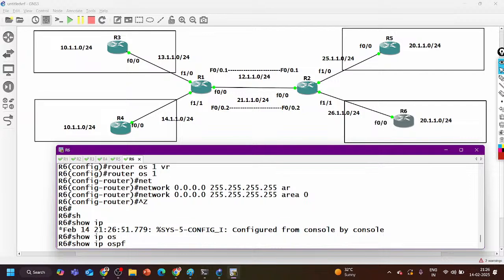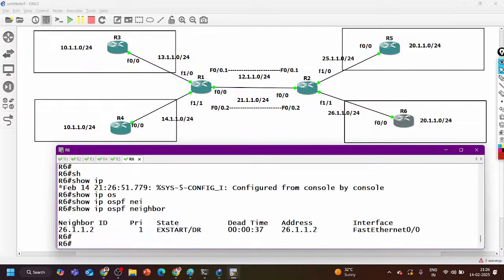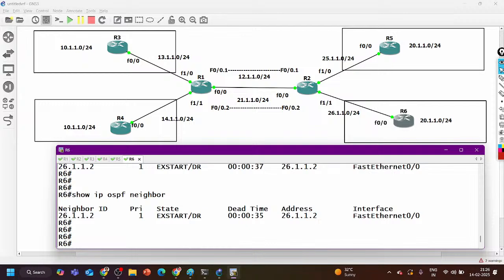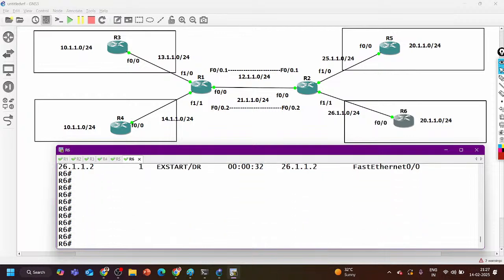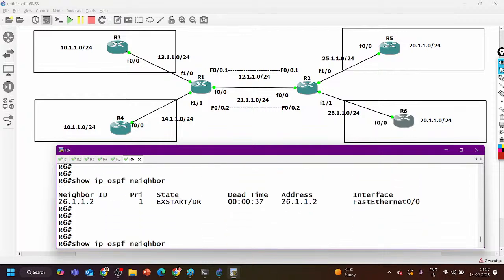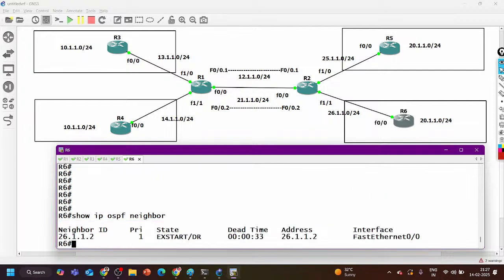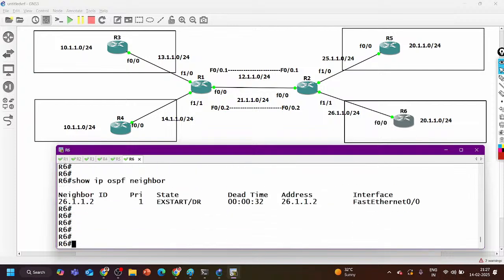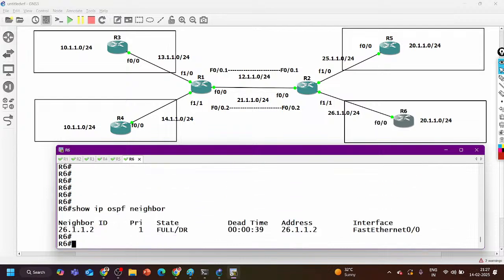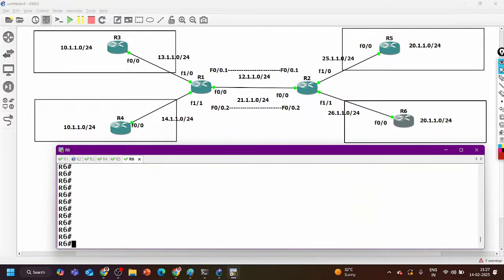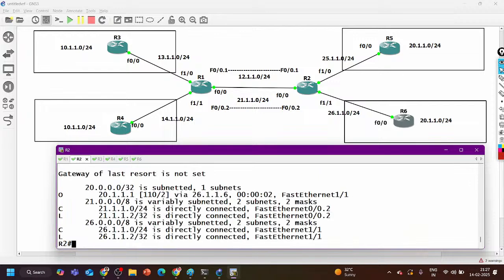Show IP OSPF neighbor. Next, start state. What happened? Neighborship is stuck. Now it is done.